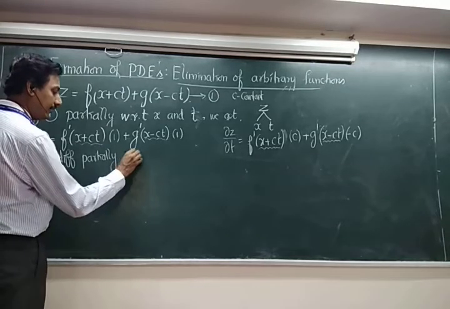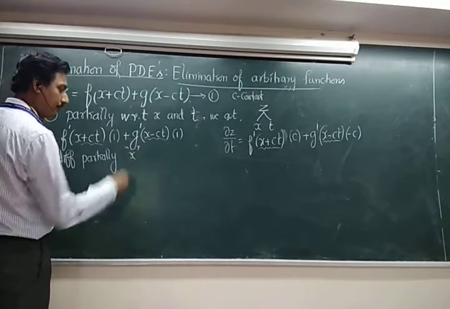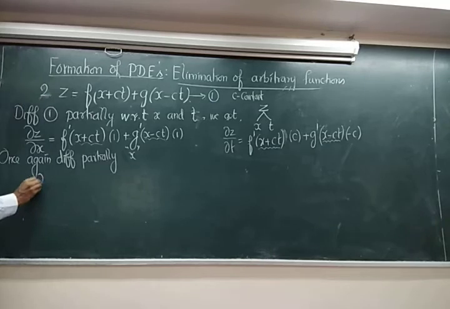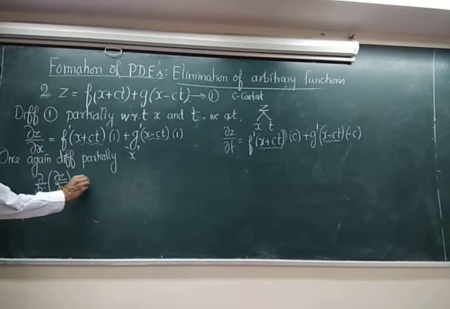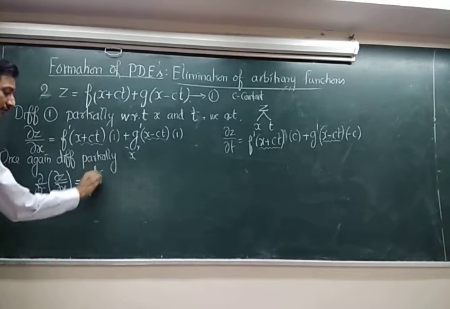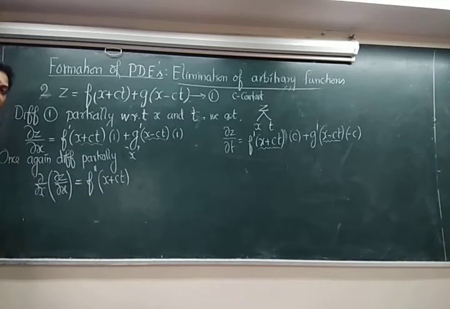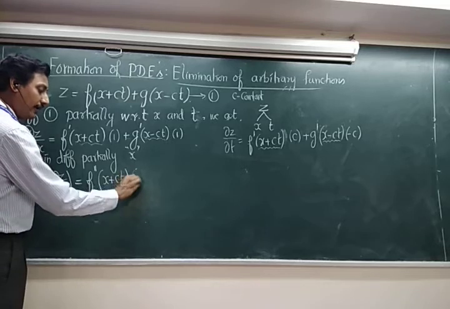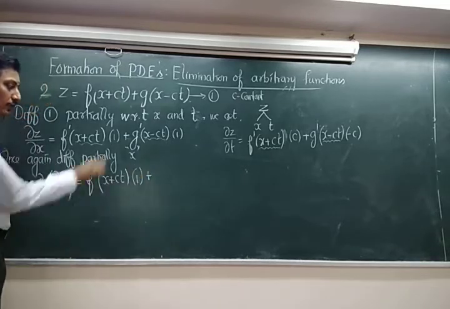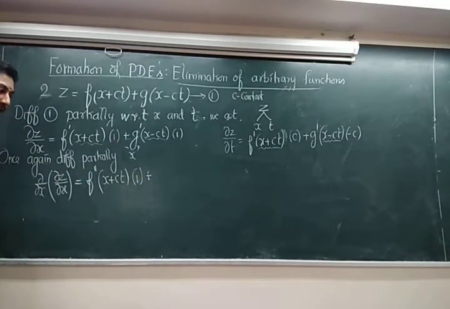X and t. X for this one. What happened? Once again means dou by dou x of dou z by dou x. Second time differentiation: f double dash of x plus ct. What about x plus ct with respect to x? Differentiation 1, plus already 1 is there, so 1 into 1 is 1, so no problem at all.